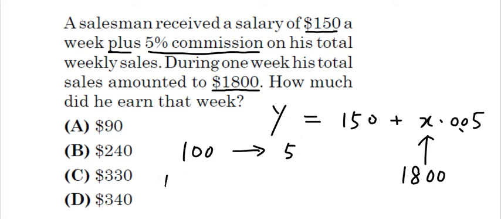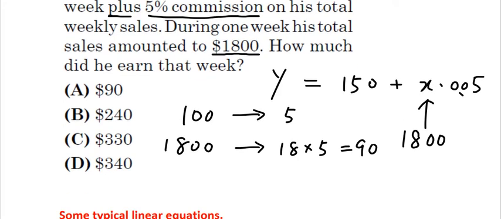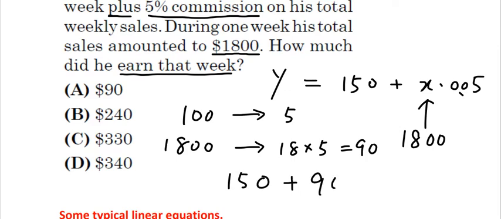So for 1800, you get 18 times 5, which is 90, so you get $90 as a commission. So how much can you earn this week? You can earn the base plus the commission.